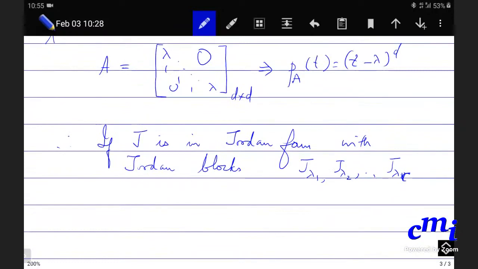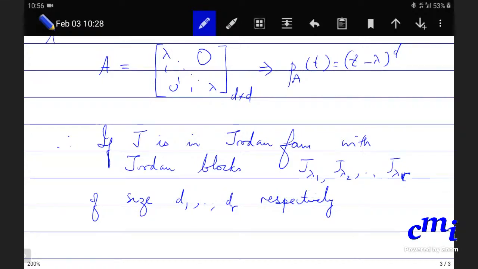And on the diagonal, we have these Jordan blocks. We also need to keep track of the sizes, of size d1, up to dr respectively. So the first Jordan block is d1 by d1, the next Jordan block is d2 by d2, and so on.